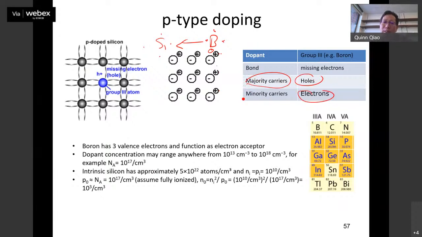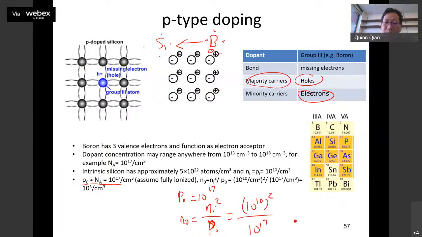Why is that? For example, I have boron concentration 10 power 17. Still my Pp is 10 power 17, and my Np will equal Ni squared over Pp. That's 10 power 10 squared, divided by 10 power 17, you get 10 power 3.